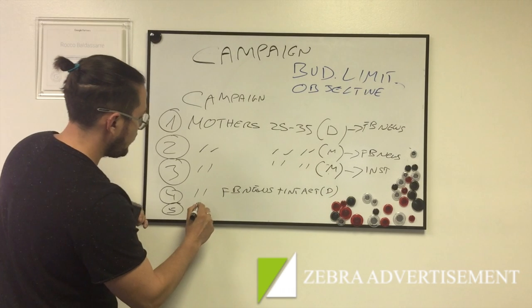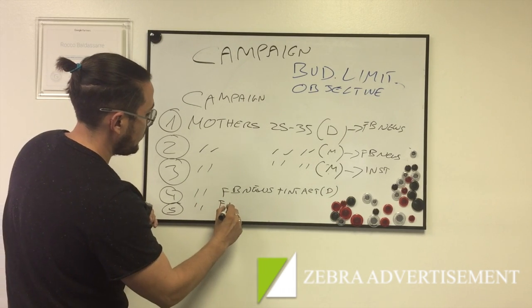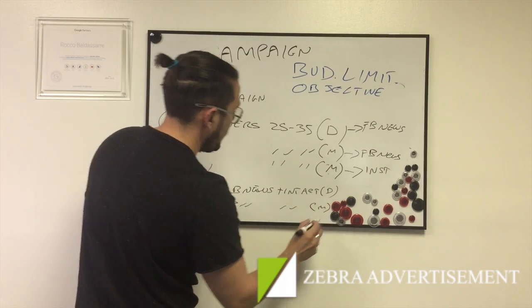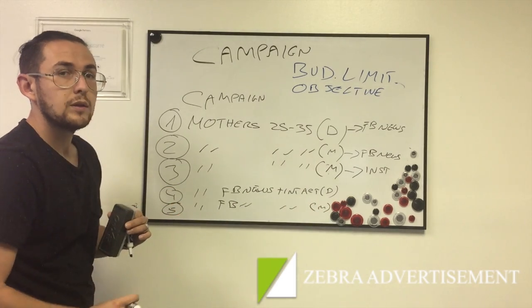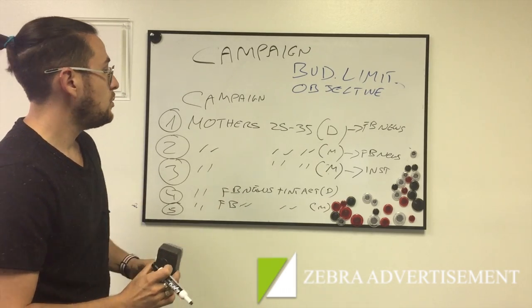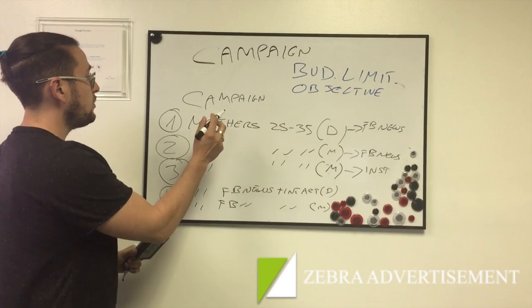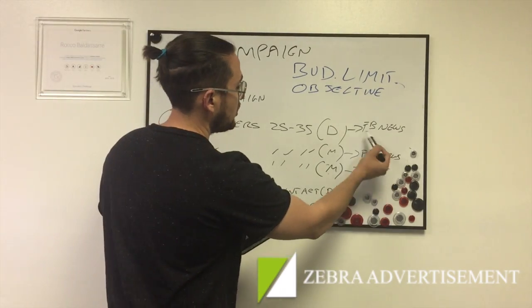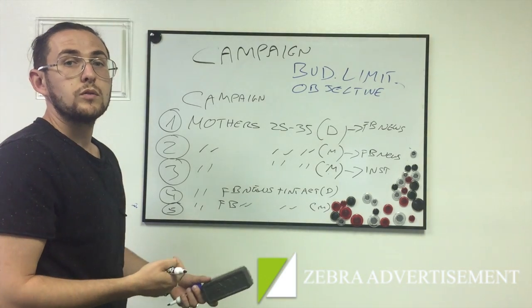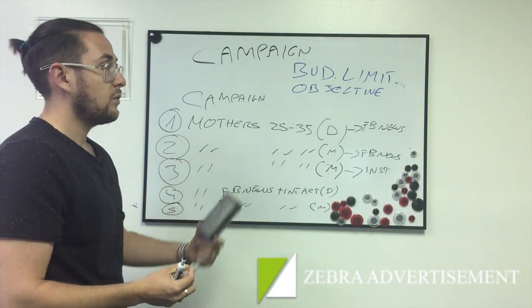You're going to have ad set number 5 targeting Facebook newsfeed and instant articles on mobile. So as you can see, we always break down performance by device and by placement type. The reason why we do that is because depending on performance, we can allocate more or less budget to desktop or mobile, and we can control where the budget goes, and we can control the cost per conversion on different placements.